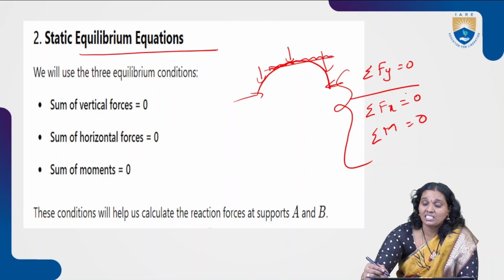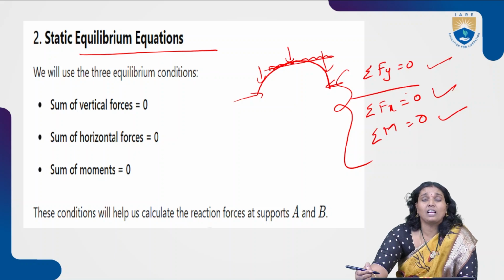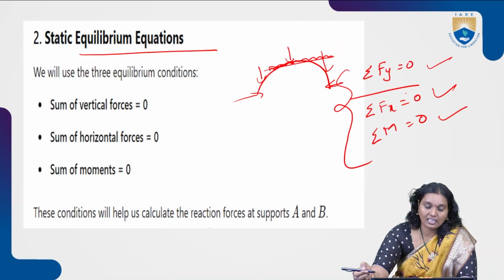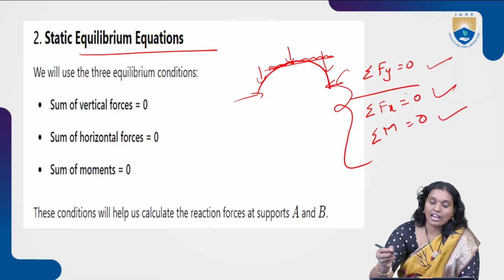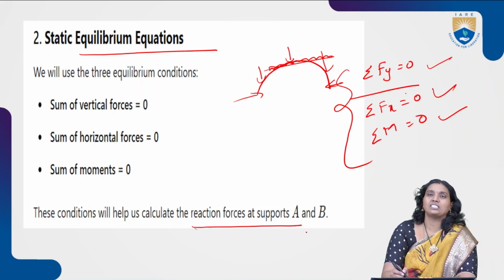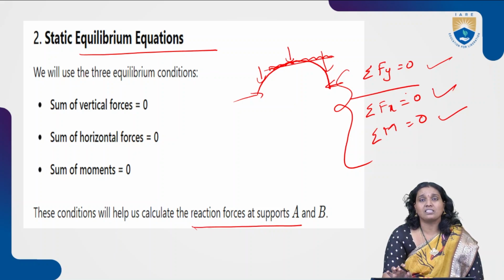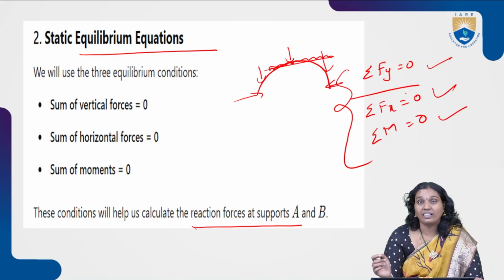These three equations are enough for finding the unknowns in such a three-hinged arch, which is statically determinate. These conditions help us calculate the reaction forces at supports A and B, as per the given data.